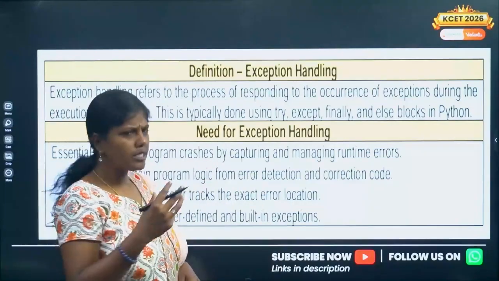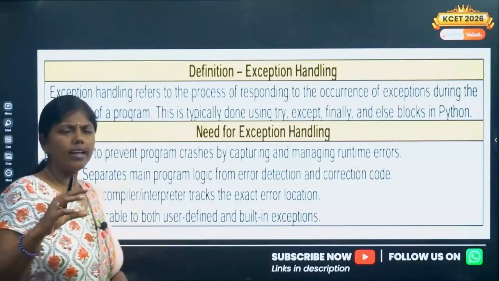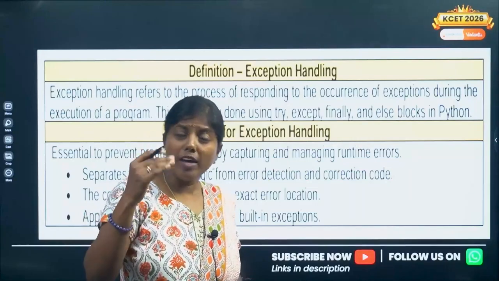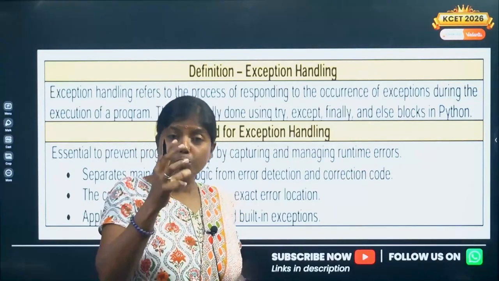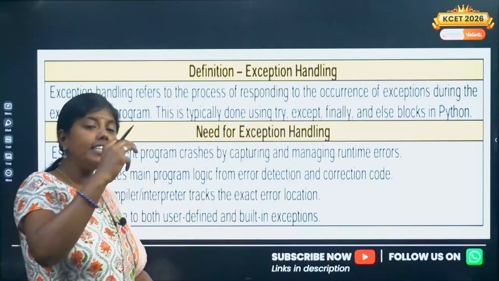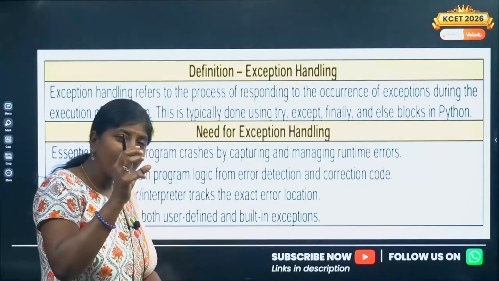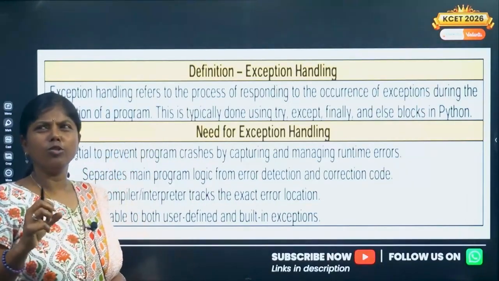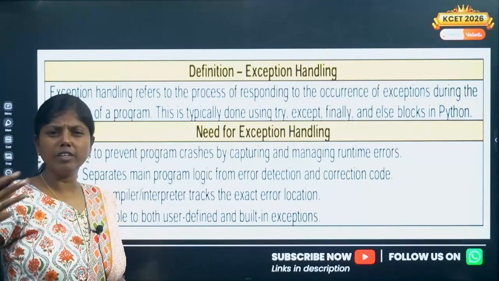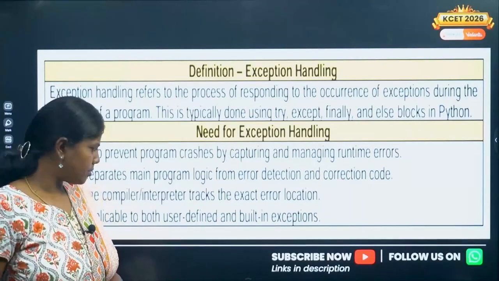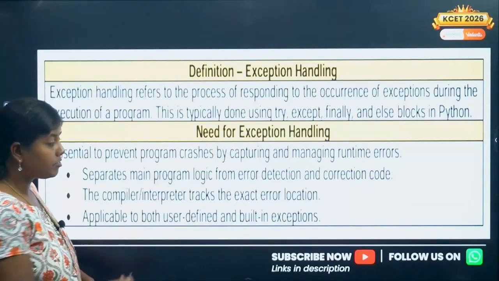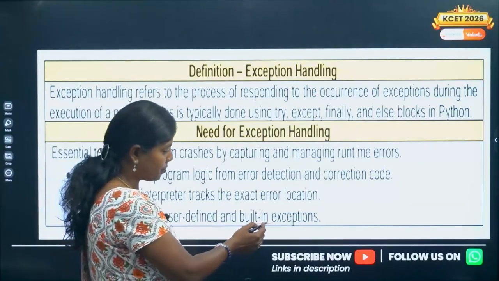The need for exception handling is to have a normal flow of execution and to prevent the program from crashing. It also increases the readability of the program and reduces the overhead of unwanted messages being given out. It is applicable for both user-defined as well as built-in exceptions.